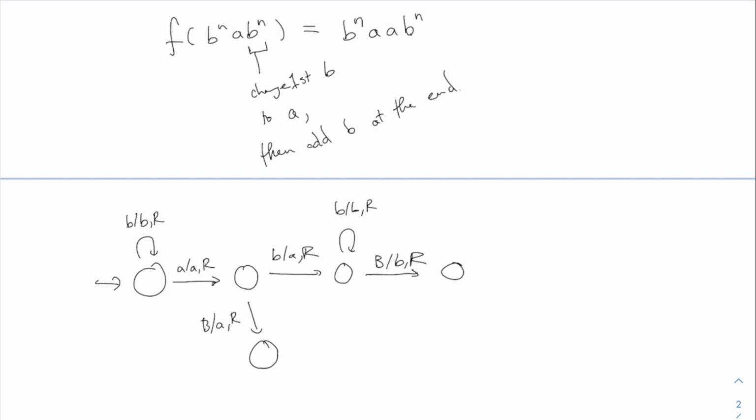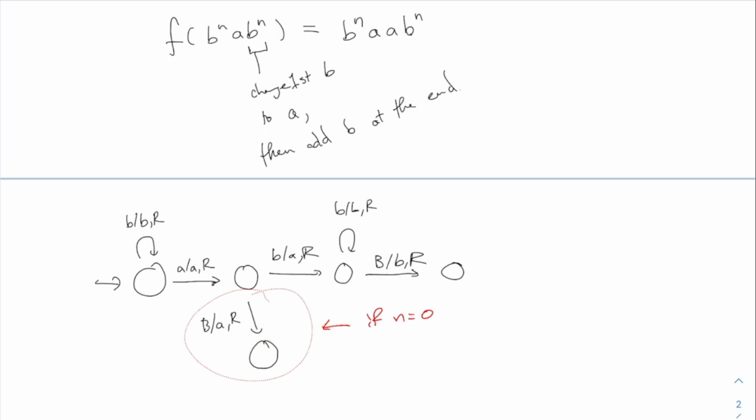This is the special case. This only happens if n equals 0, right? If there were no B's at all. I think it does require another separate state right here, because if you just continue onto this state with an arrow with that label, then it will still continue and write another B at the end, which you wouldn't want in this case.